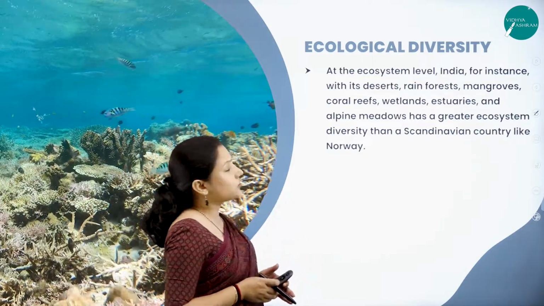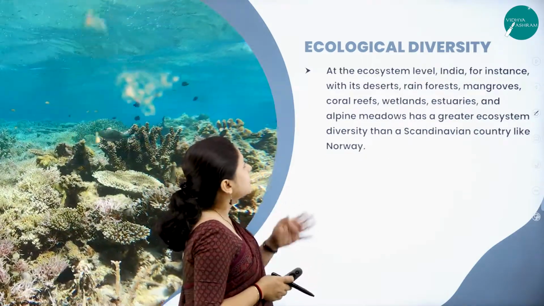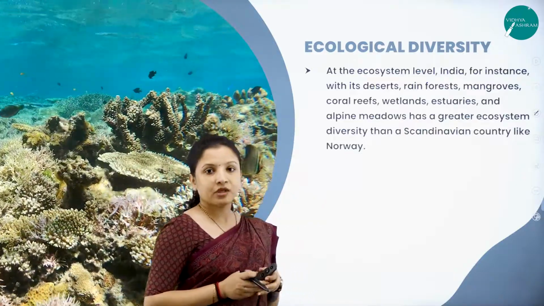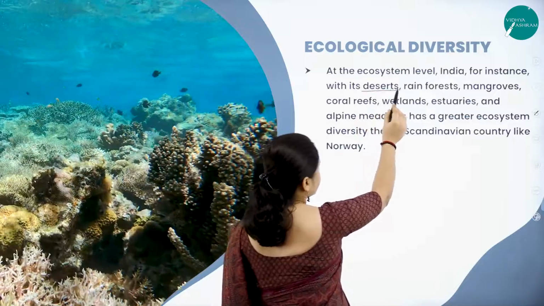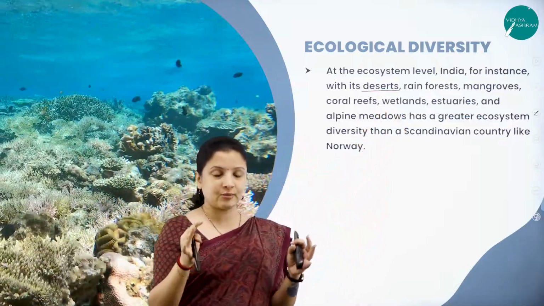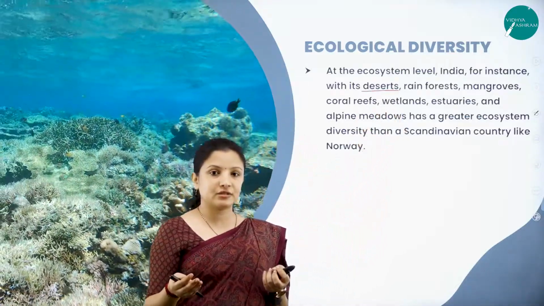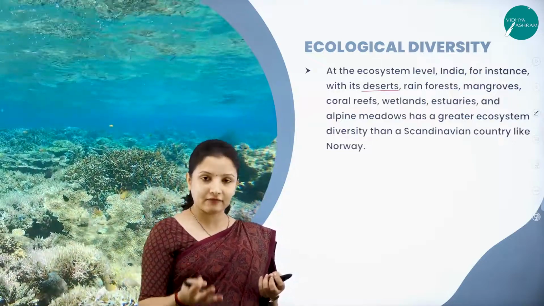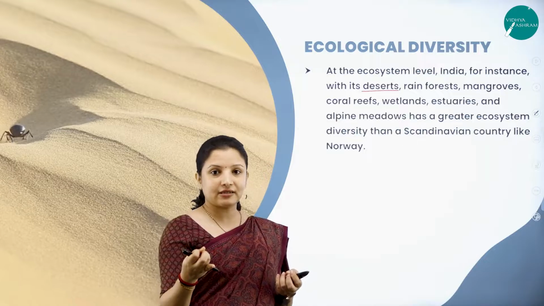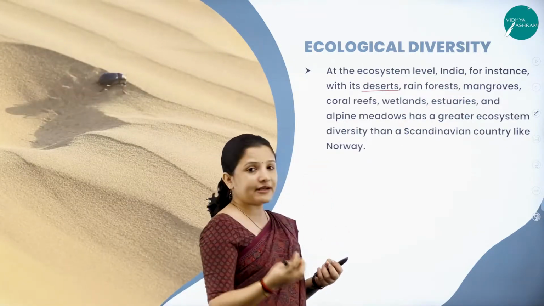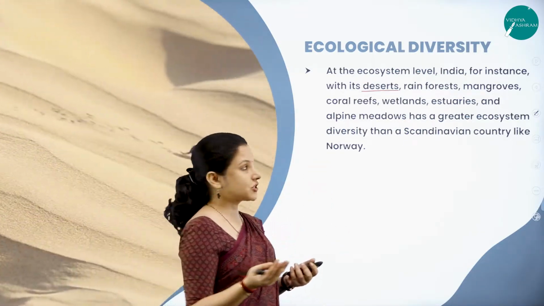So next, moving to ecological diversity. At the ecosystem level, taking India as an example with its deserts. So here we are talking about ecosystems. What are the different types of ecosystems that are present? Deserts are there, rainforests are there, then scrublands are there, mangroves are there, then we have wetlands, coral reefs, many such things, right?